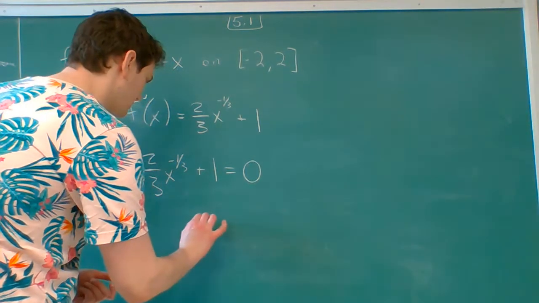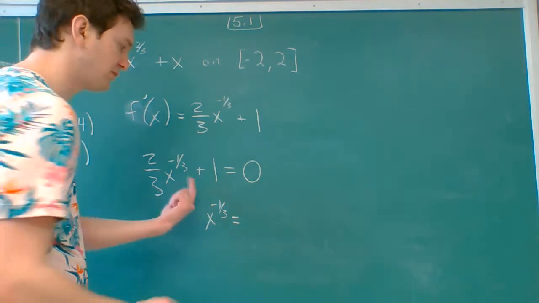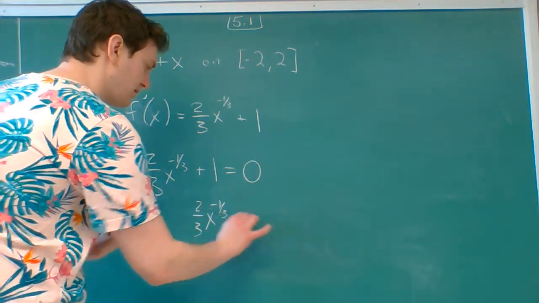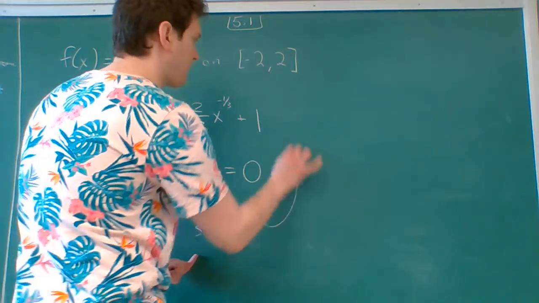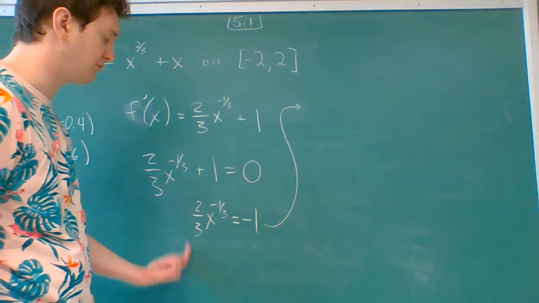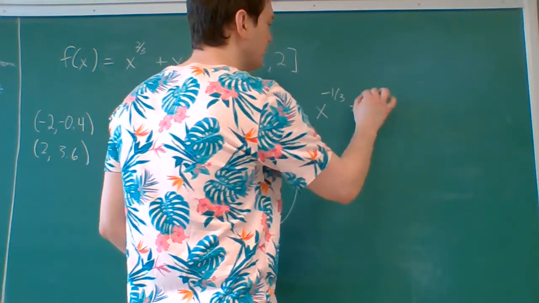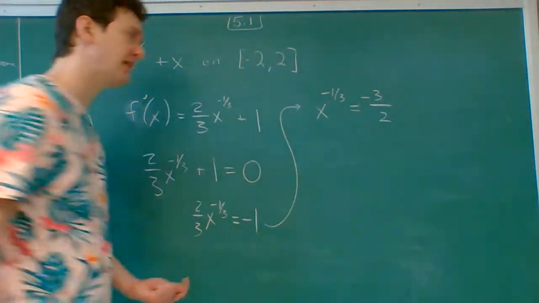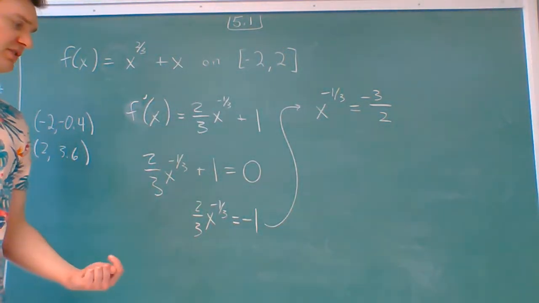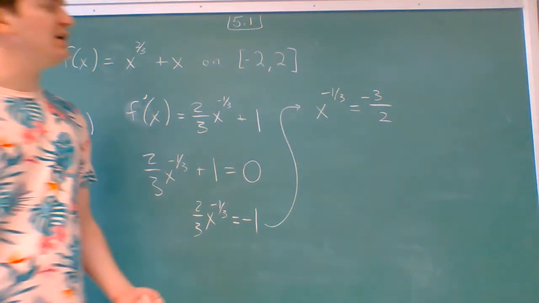So, let's see. I'll subtract 1 from both sides. Then I'll multiply by 3/2 to get rid of the 2/3. So x to the negative 1/3 is equal to negative 3/2. That got rid of the 2/3 here, and it's negative because this 1 was negative. Now what have I got here?